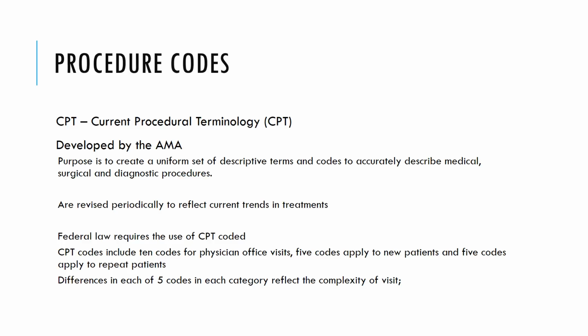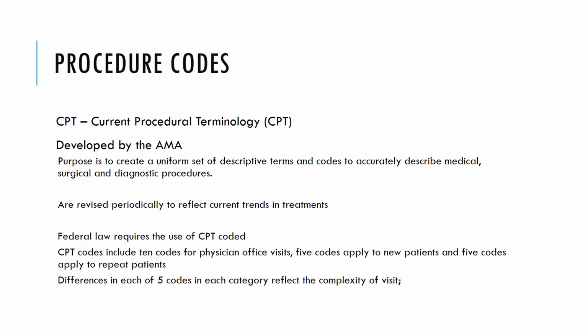They are revised periodically, usually every 3 to 5 years, to reflect current trends in treatment and procedures. U.S. federal law requires the use of CPT codes, and CPT coding usually includes 10 codes for physician offices, 5 codes applied to new patients, and 5 codes applied to repeat patients. The differences among the 5 codes in each category reflect the complexity of visits.